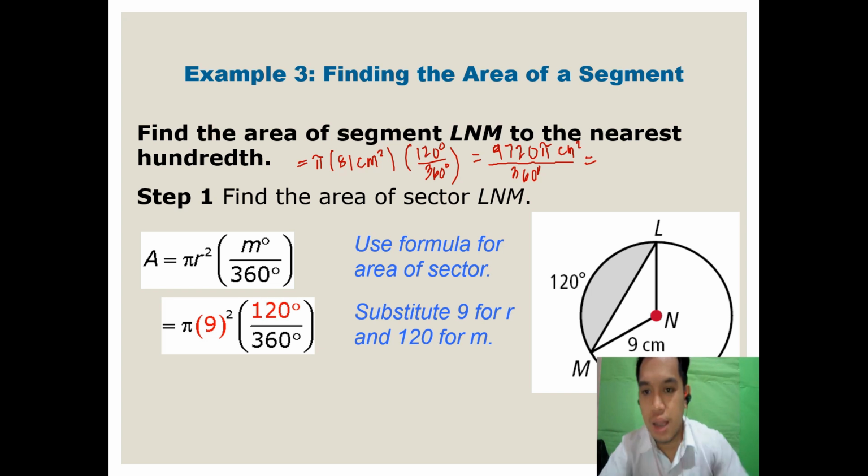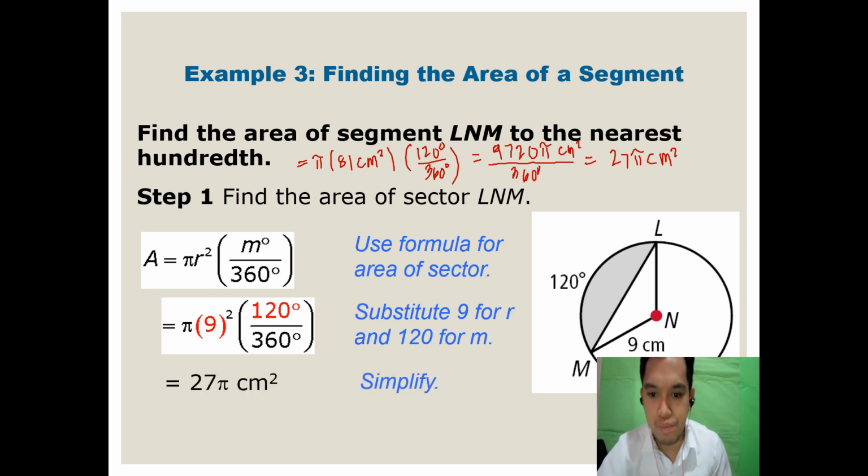So, 9,720 divided by 360 is 27 pi centimeter squared. Okay, so magiging 27 pi centimeter squared.